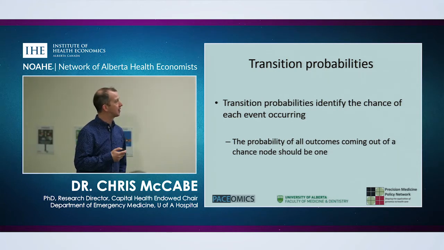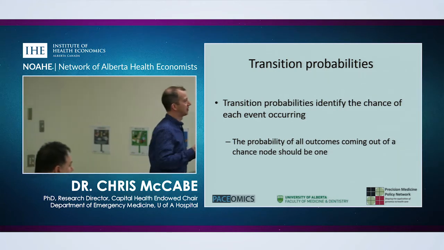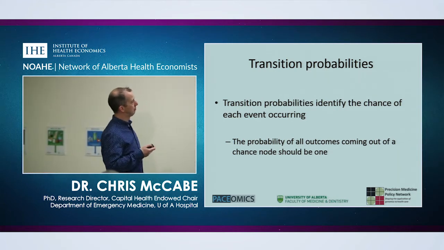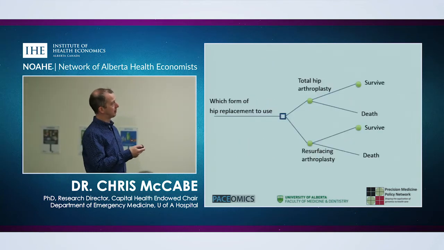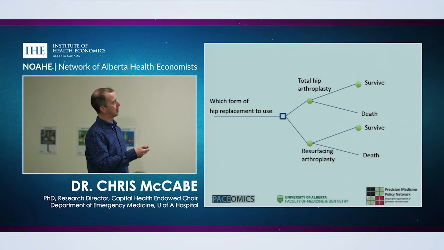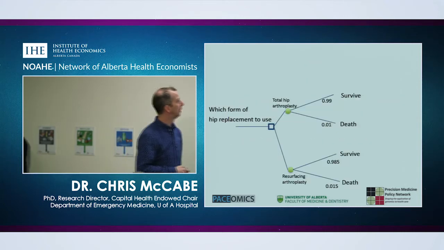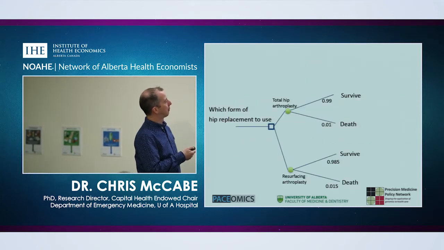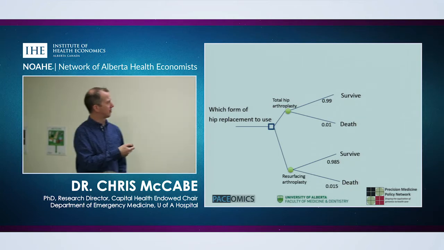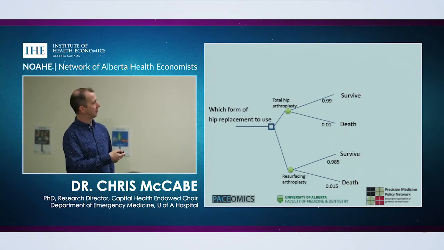Transition probabilities identify the chance of each event occurring. And it's really important that when you sum the probabilities of all possible events, you should get to 1. So we've put some probabilities on. You've got a 99% chance of surviving and a 1% chance of death for total hip.